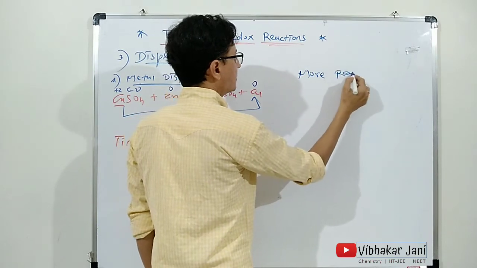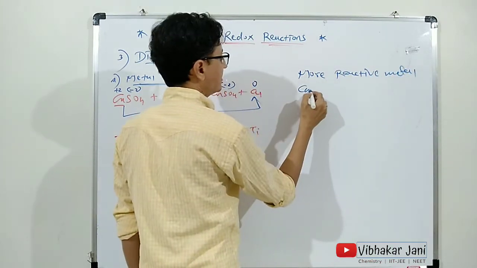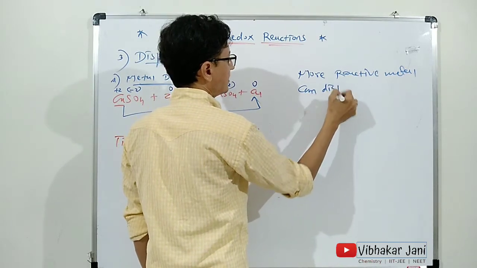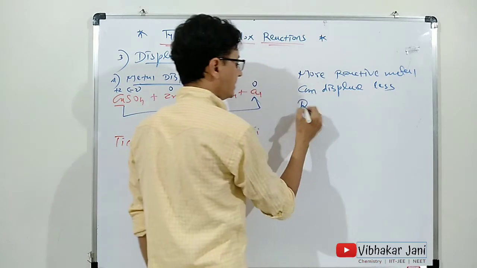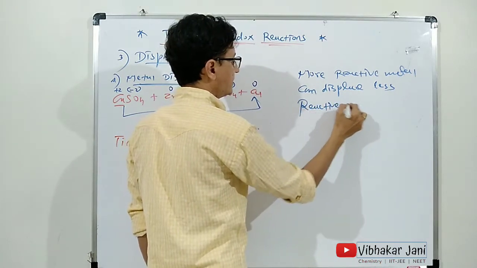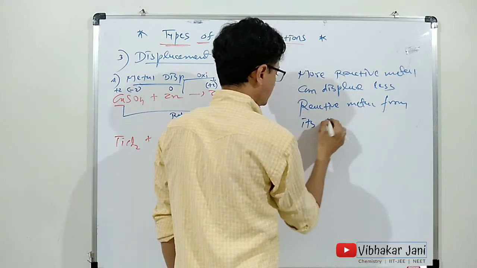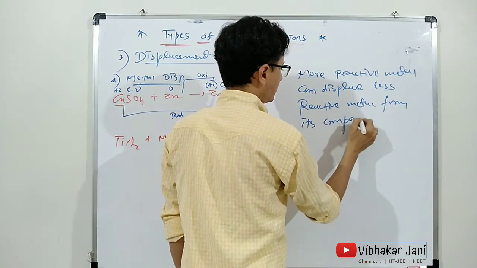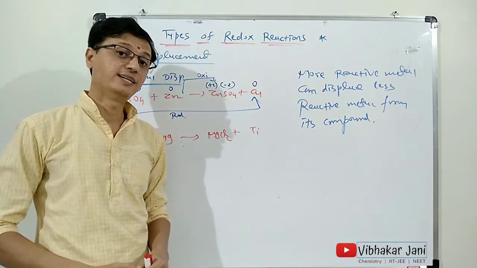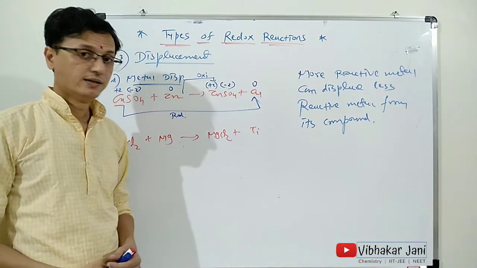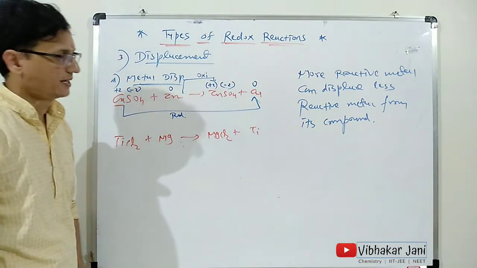More reactive metal can displace less reactive metal from its compound. Less reactive metal cannot displace more reactive metal.